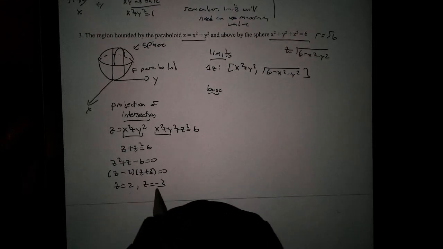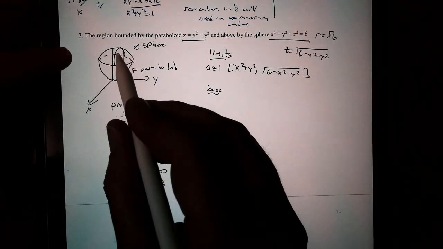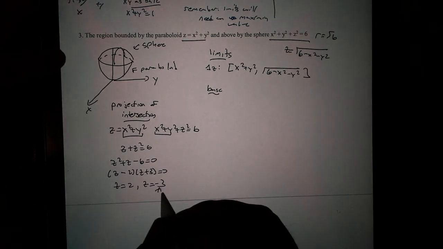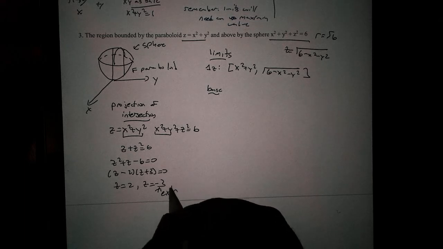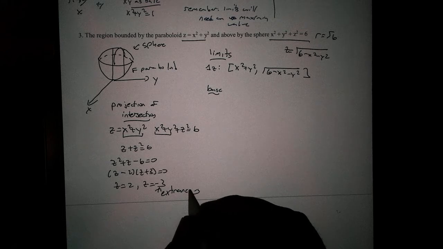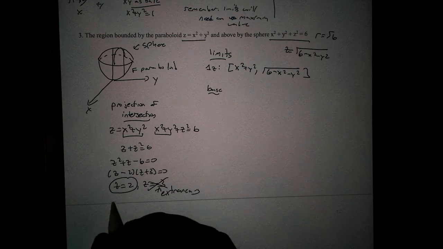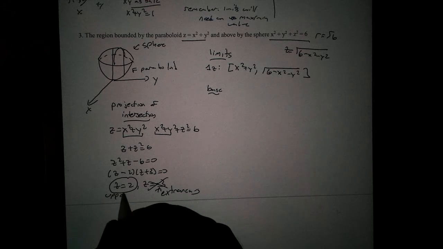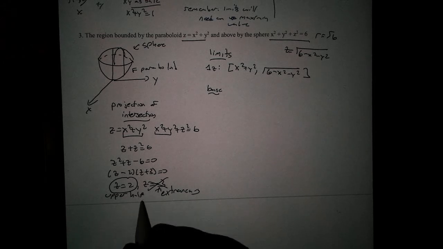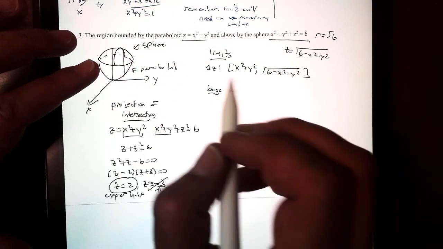But remember, this is a paraboloid, and it's going to go around again. So negative 3 is an extraneous solution, because we want z to be positive. We only want z to be 2 because we only want the upper half. So z is going to be 2 where they meet.